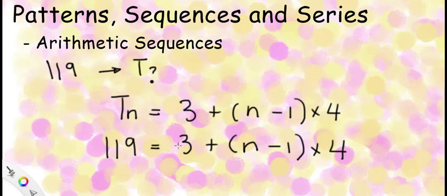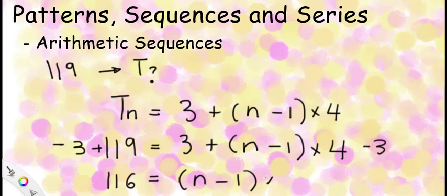So we're going to start off, grouping like terms, by getting rid of the 3. It means we must subtract 3 from this equation. So we say minus 3, and we also do it on that side, 119 minus 3. And we have 3 minus 3, so the 3's cancel out. 119 minus 3 is equal to 116, which is equal to n minus 1 times 4.